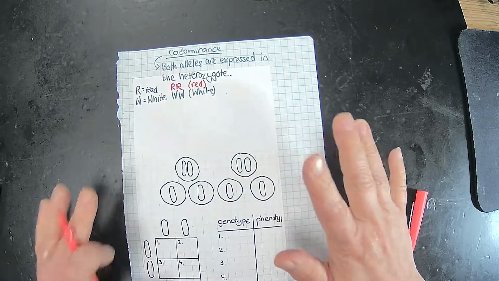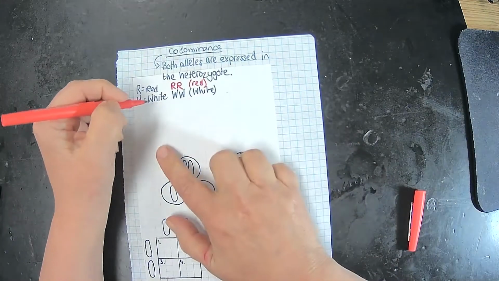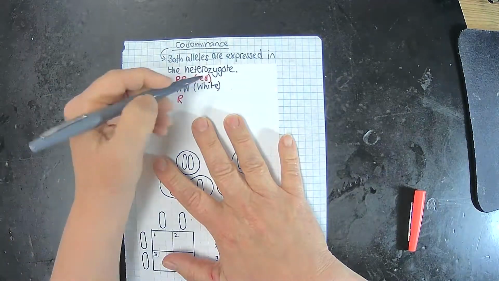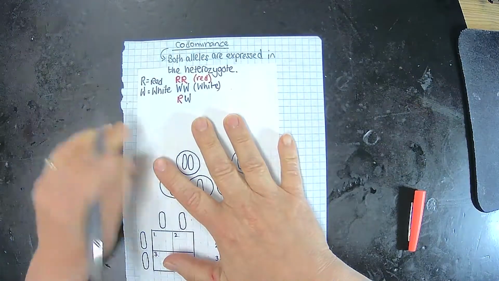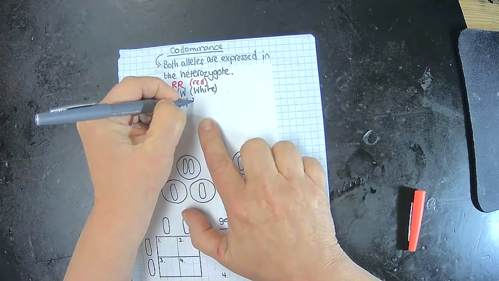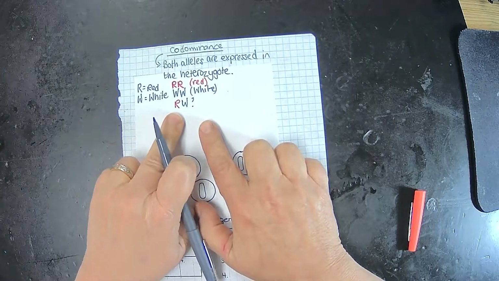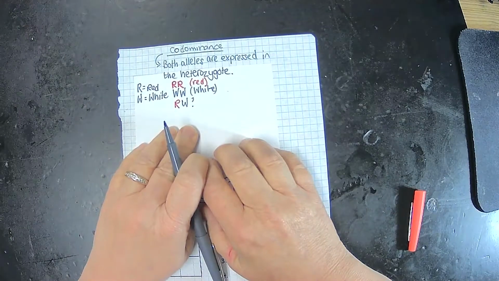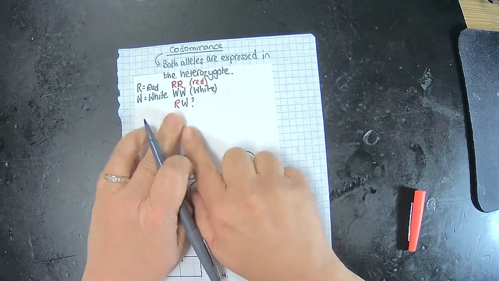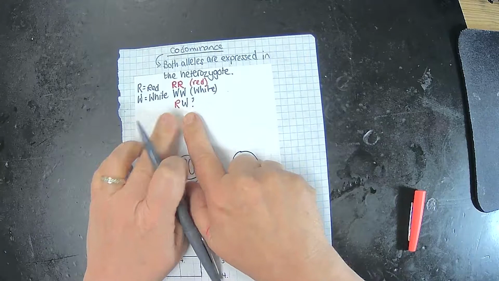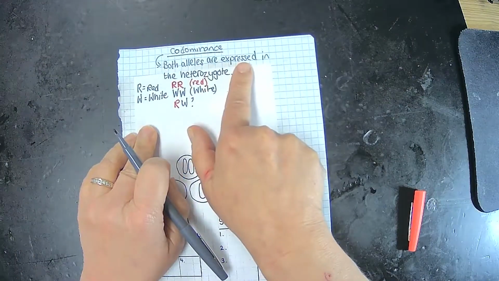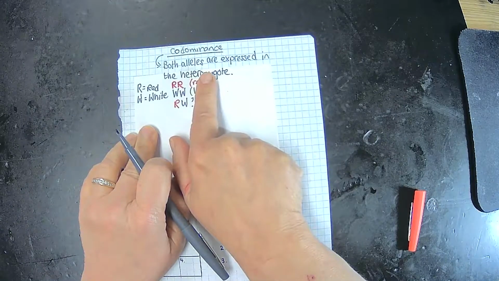So what would you get if the genotype was one big R and one big W? You would expect, well, hold on, if red is dominant, then you should get red petals. If white is dominant, then you should get white petals. But because they are codominant, they're equally dominant, and it says here both alleles are expressed in the heterozygote.